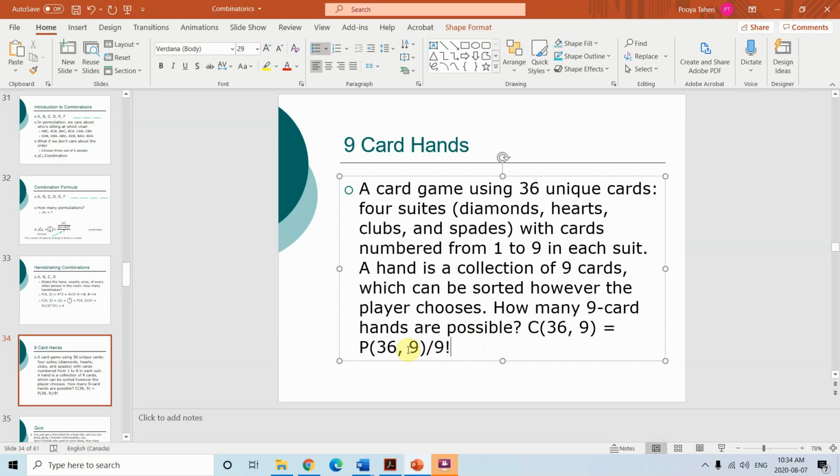For permutation, we would have n factorial divided by n minus k factorial, so this is going to be 36 factorial divided by 27 factorial. And to eliminate all the same cards with different orderings of the 9 objects, we have to divide by another 9 factorial. So this is going to be our answer for this problem.